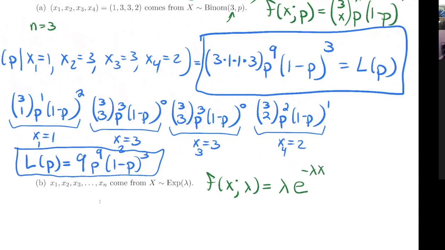So just keep in mind, right? That parameter lambda in the exponential distribution, that's referring to 1 over the mean.